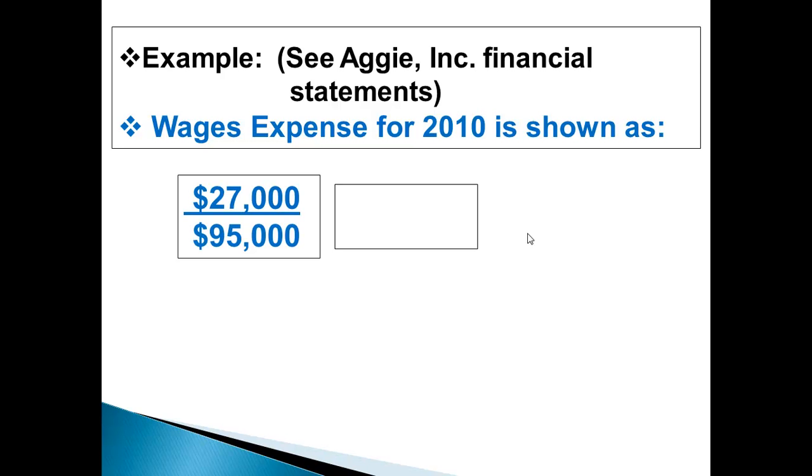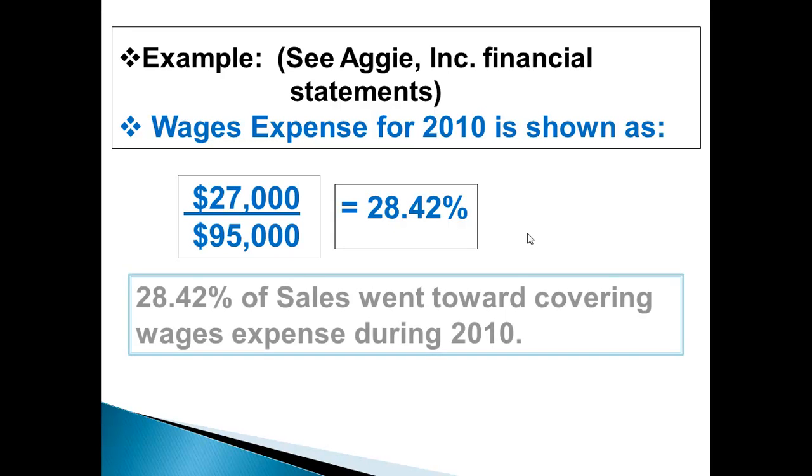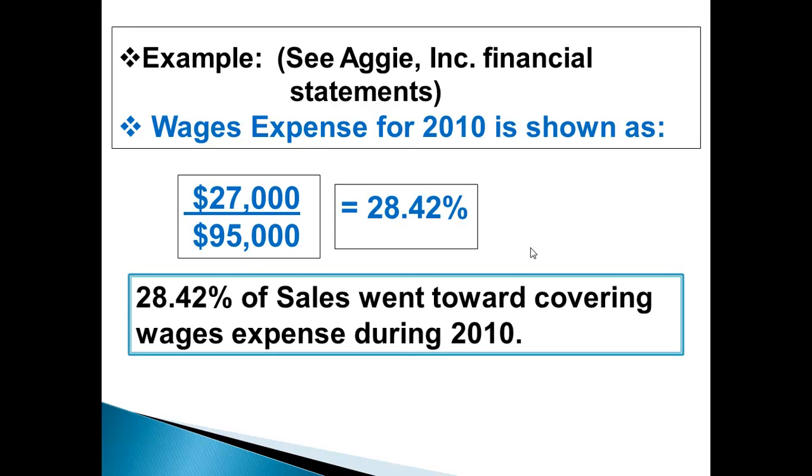We're not given a net sales amount, so we'll just have to use the information that we do have, and that's that sales were $95,000. So the answer is 28.42%. And what this tells us is that 28.42% of sales went toward covering wages expense during 2010.